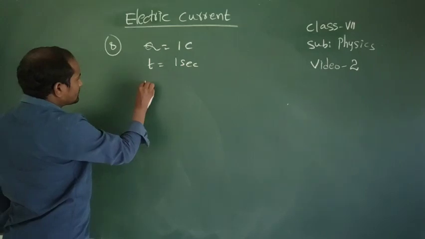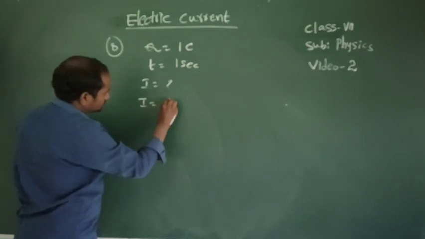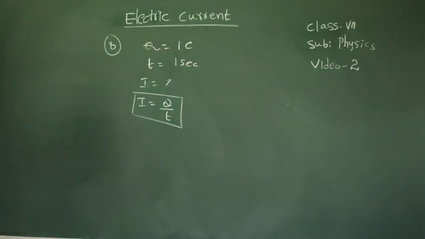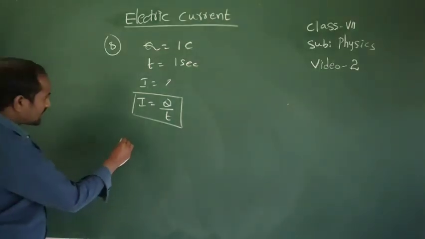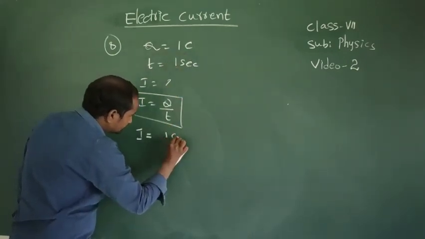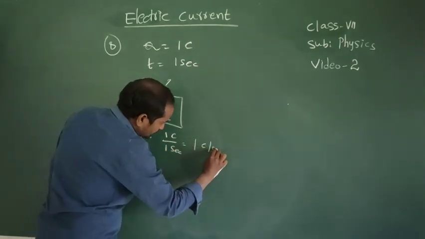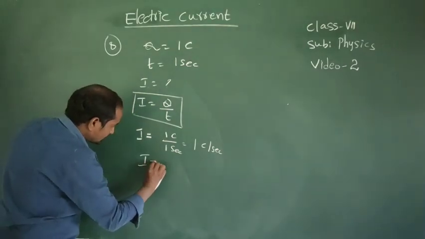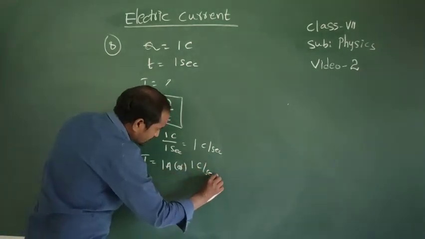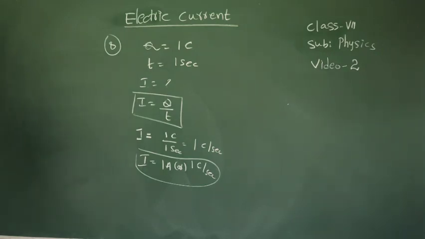Then find I equal to how much? So I equal to Q by T, the equation to find the electric current. I equal to 1 C by 1 second, that equal to 1 coulomb per second, therefore I equal to 1 ampere. It is called 1 ampere.